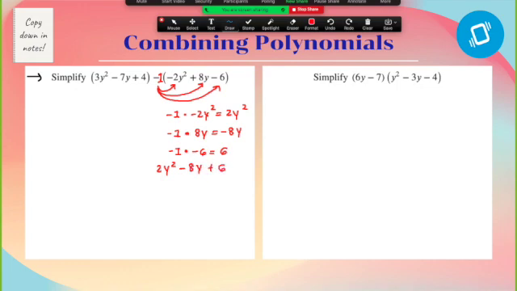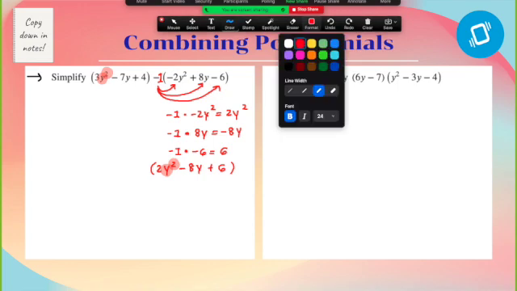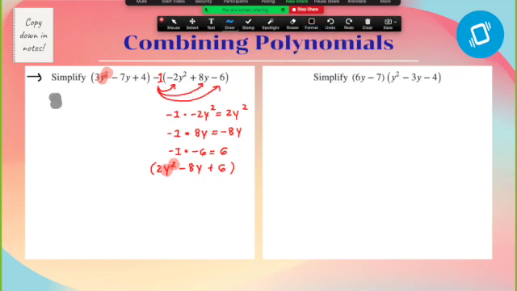After I do that and get the new polynomial, I want to combine any like terms that I see with the left polynomial. To do that, I have to make sure that not only is the variable the same, but also the exponent. So I'm going to write down the left side first.